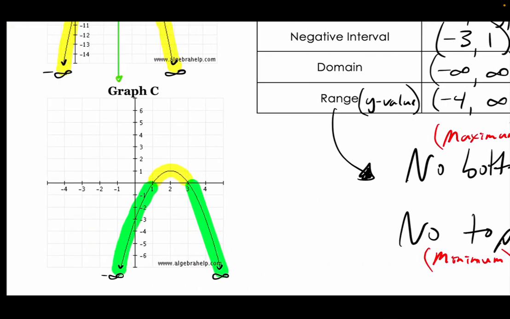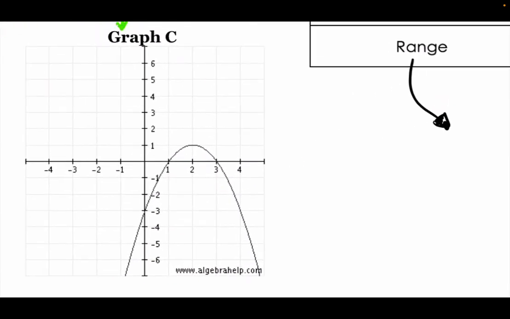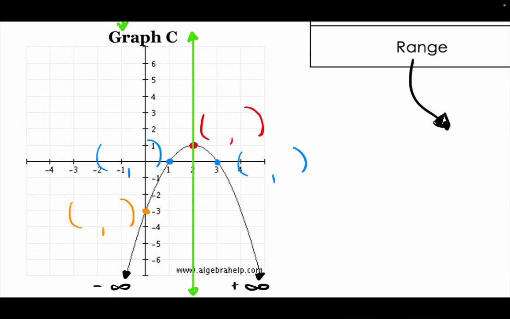So graph C. This one is a negative, so it's going to have a maximum. The vertex is at the red dot.